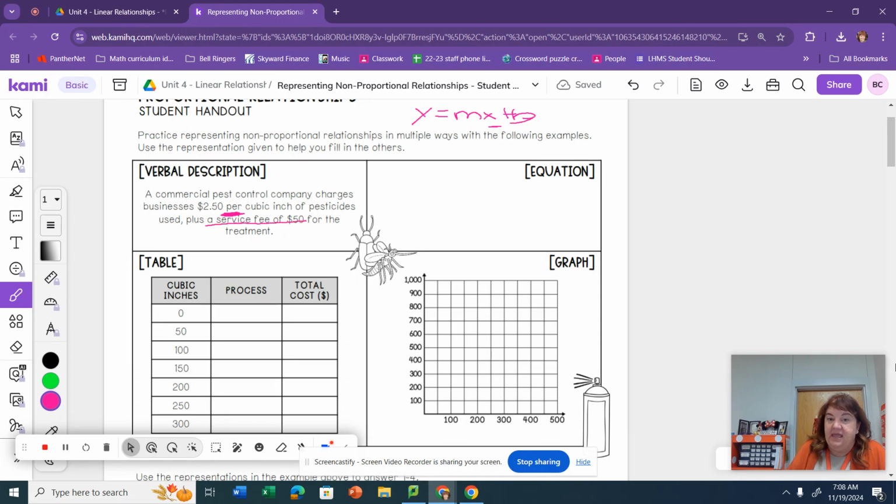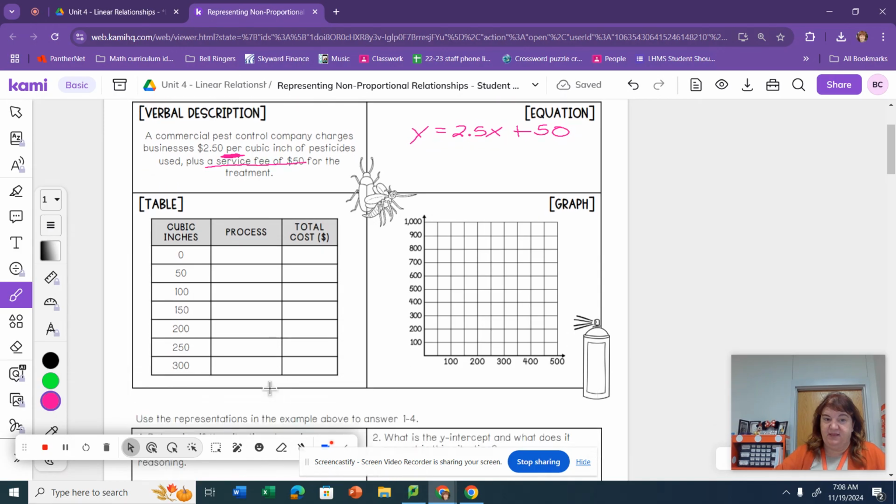That's going to be the b, also known as your y-intercept. So when we make the equation, we can say y equals 2.50x plus 50. We don't have to put the 0 when we're writing it in an equation. Okay, so here's the process that takes place.